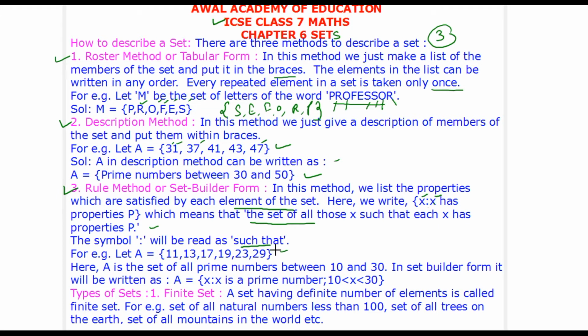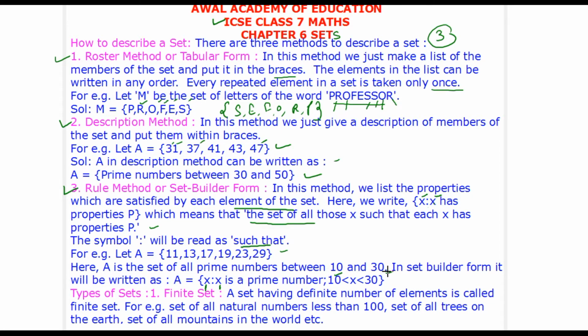So in set builder form we would write it as A equal to the set of all those x such that x is a prime number between 10 and 30, right?